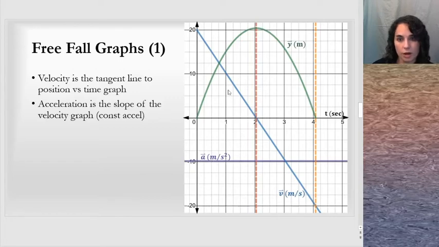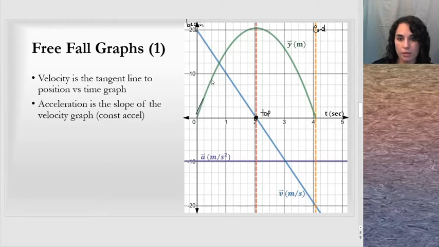The velocity graph we were just looking at is right here. We know that this is the top, this is the beginning time, and this is the end time. It goes up to the top, falls down. And so the acceleration is the slope of the velocity. Well, the tangent line to the position graph is the velocity.